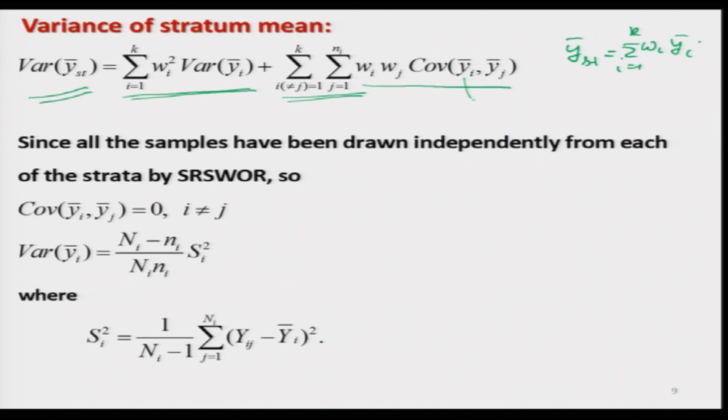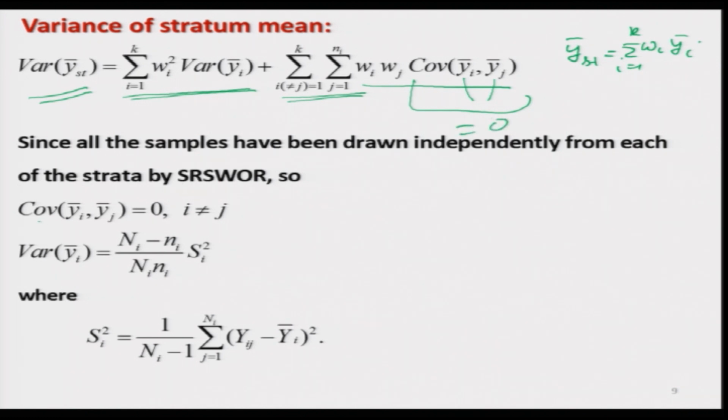You can see this is the covariance between the ith and jth samples, and they have been drawn independently. In fact, all the samples have been drawn independently of each other from all the strata. So this covariance will become 0.